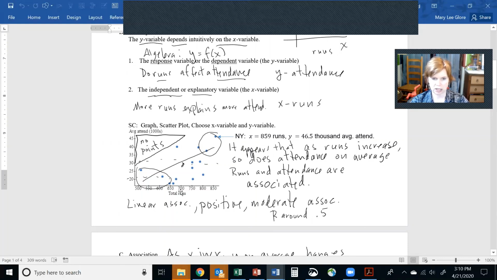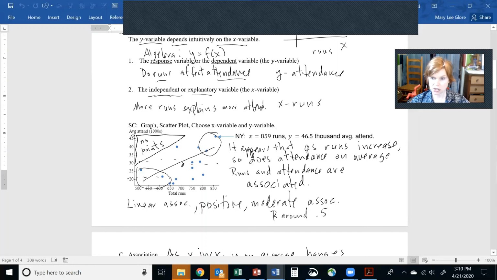It could be that the runs themselves are not what's causing attendance. There could be other variables that would cause you to have more runs and more attendance. I'm not saying that having more runs doesn't increase attendance. It's likely to do that. But the relationship I see here does not prove that getting more runs is going to cause attendance.